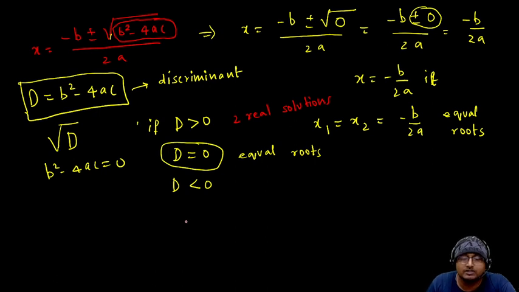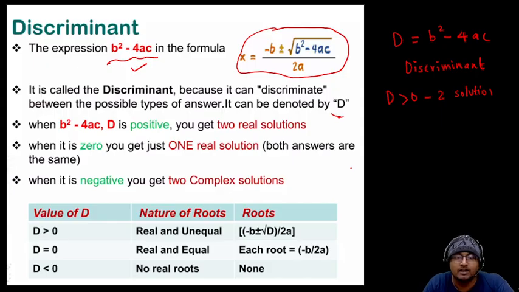And d equal to 0 has equal roots. That is, only one solution. And d less than 0, what will we have? Two complex roots, two complex solutions. So when d is greater than 0, we have two real solutions.